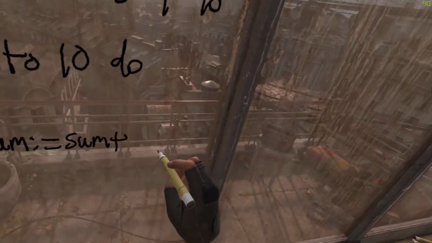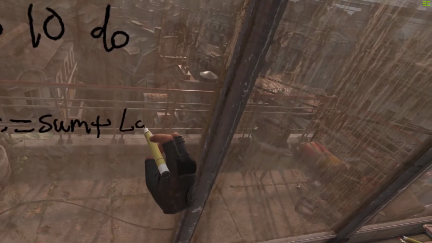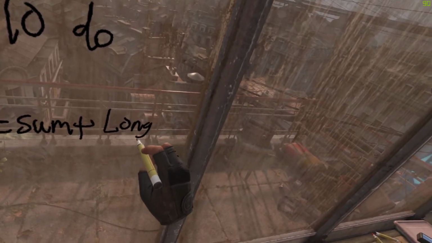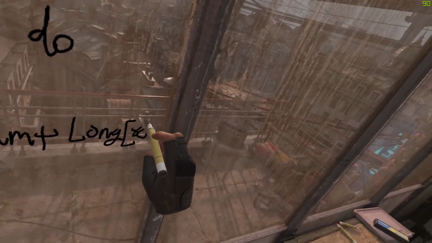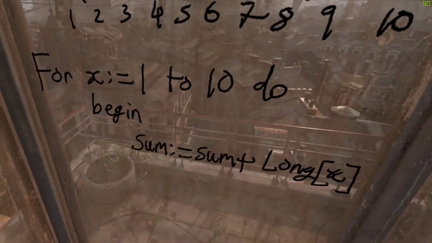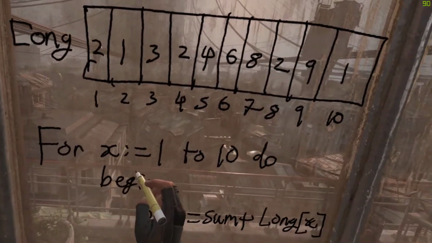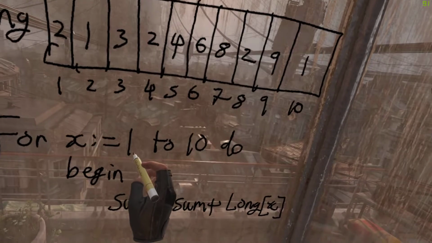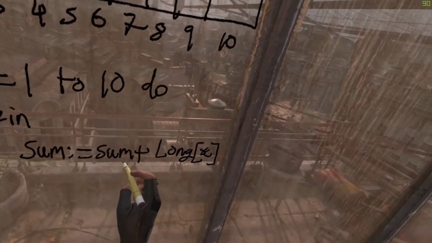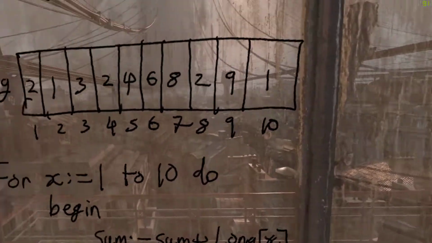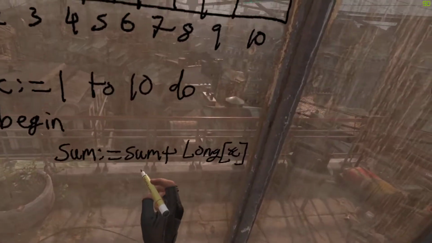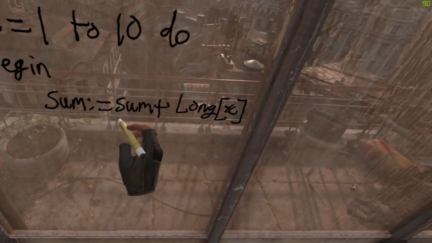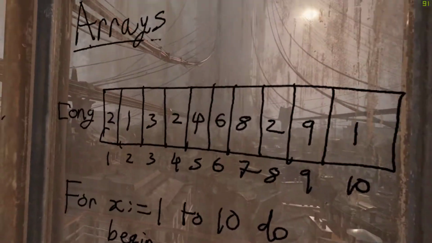long[x]. So what this does is when you go in the loop the very first time, x will become 1. So this will read sum := sum + long[1]. And then the second time, x is 2. It'll be sum := sum + long[2].